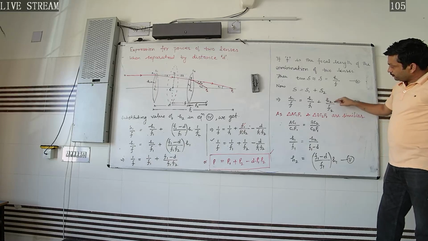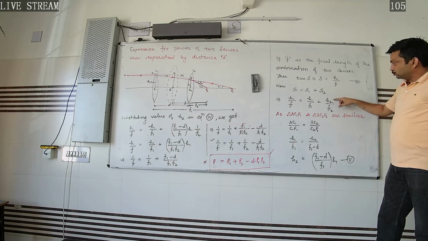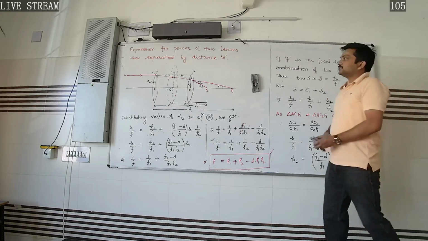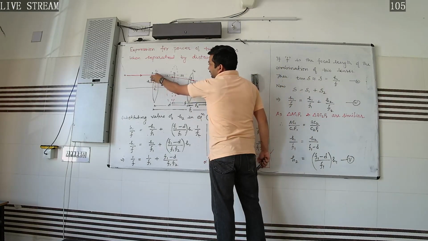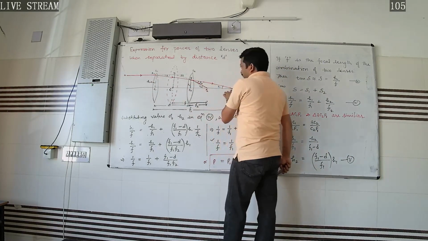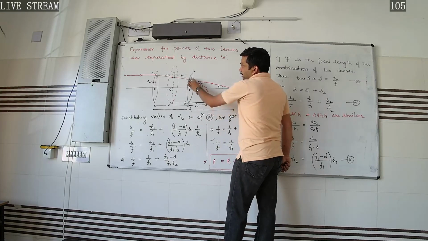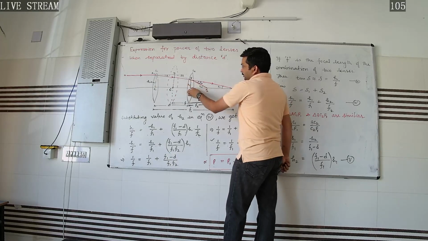Now I want to introduce h1, so I have to eliminate this h2. In order to eliminate h2, we have considered two right angle triangles, that is AC1F1 and a second right angle triangle, BC2F1.